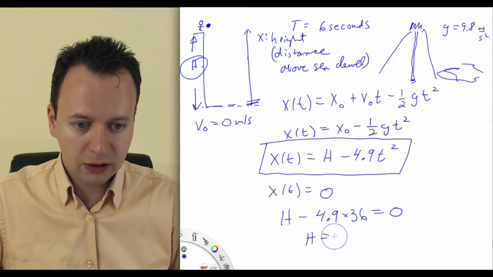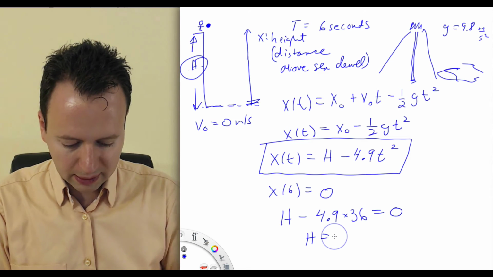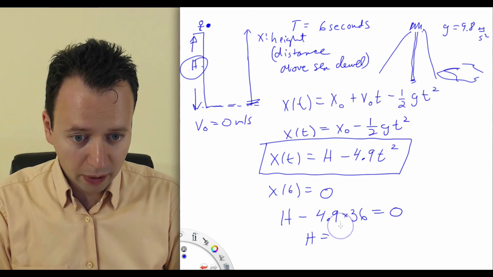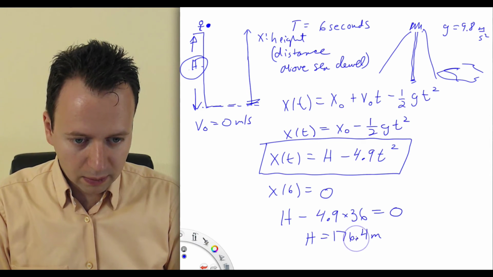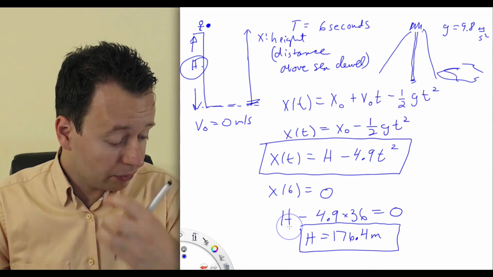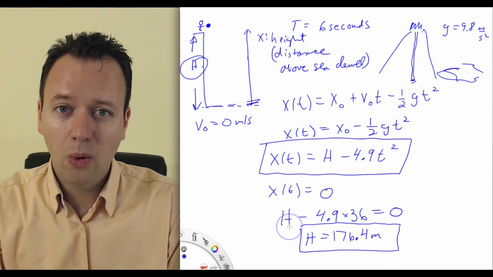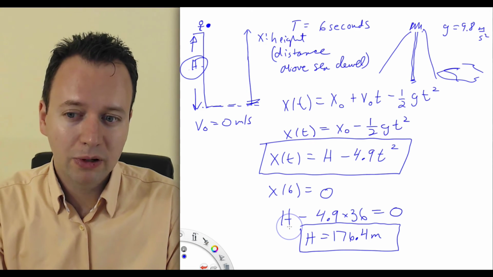So h is equal to 4.9 times 36, which is 176.4. So if it takes 6 seconds for the rock to drop to the bottom of the well, the well is approximately 176 meters deep. Pretty deep well.